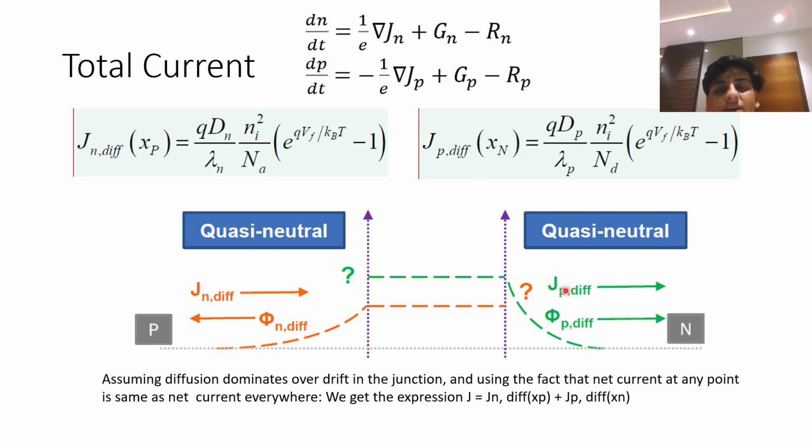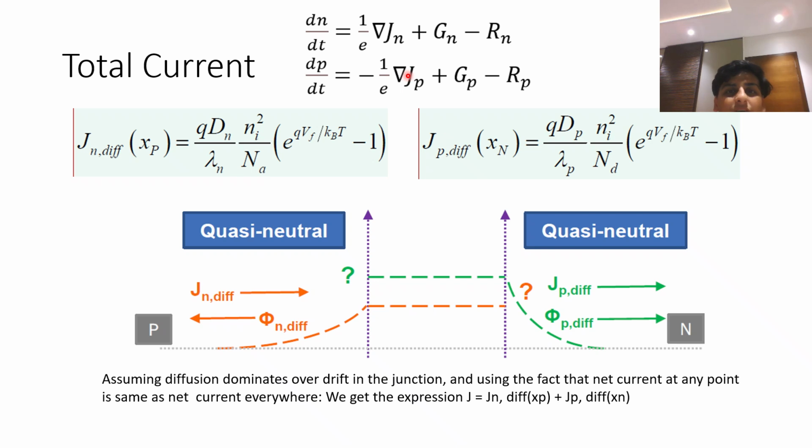Now, the issue is that I calculated the diffusion of holes at xn. I did not calculate them at xp. So how can I know what the diffusion current of holes at xp will be? For that, I will again ask you to refer to this formula. We know that in this region you don't have any generation, you don't have any recombination, and your p as a function of time is not changing when you have this quasi-equilibrium situation.